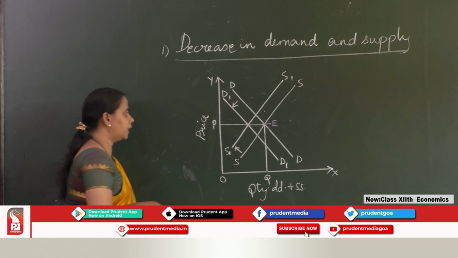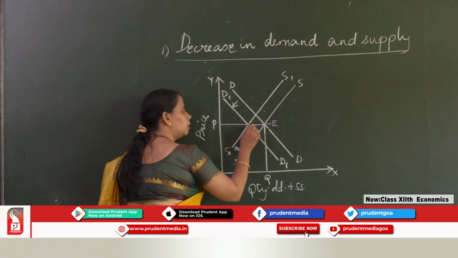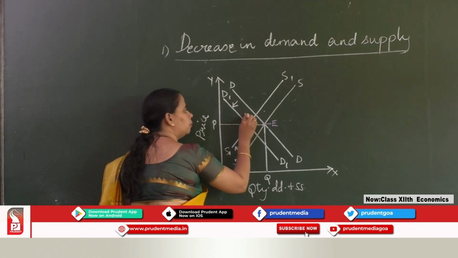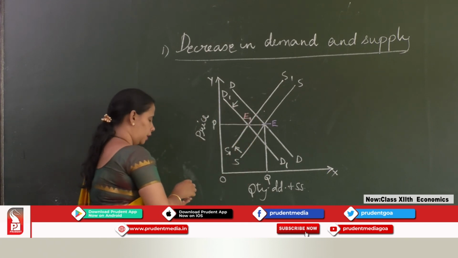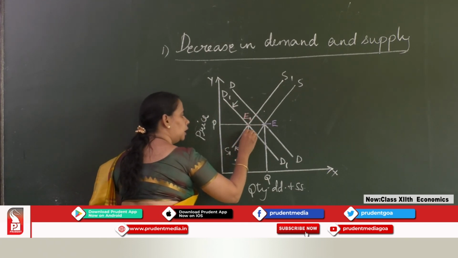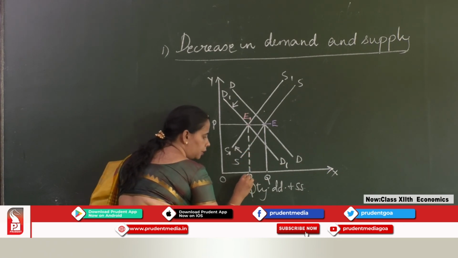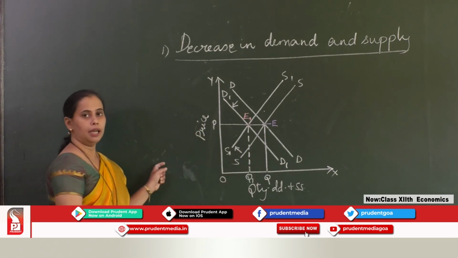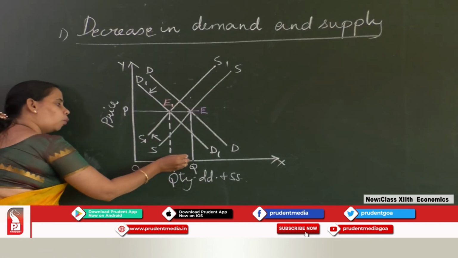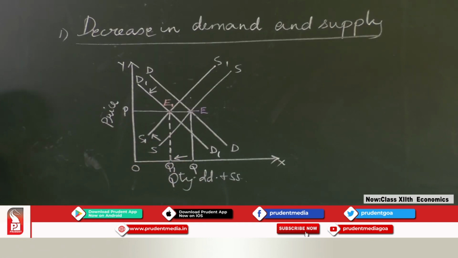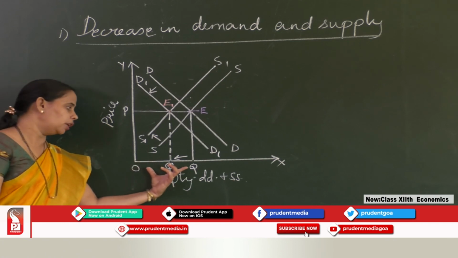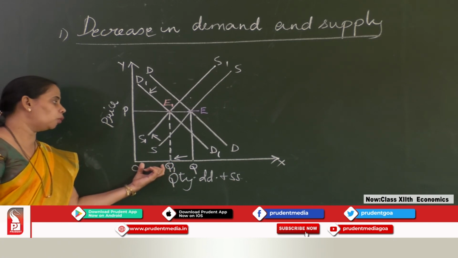The point of intersection is here, which is our new equilibrium E1. If you draw a line to the x axis from this point, we will find the new quantity Q1, and we will see that the quantity has gone down. From OQ, it has reduced to OQ1.